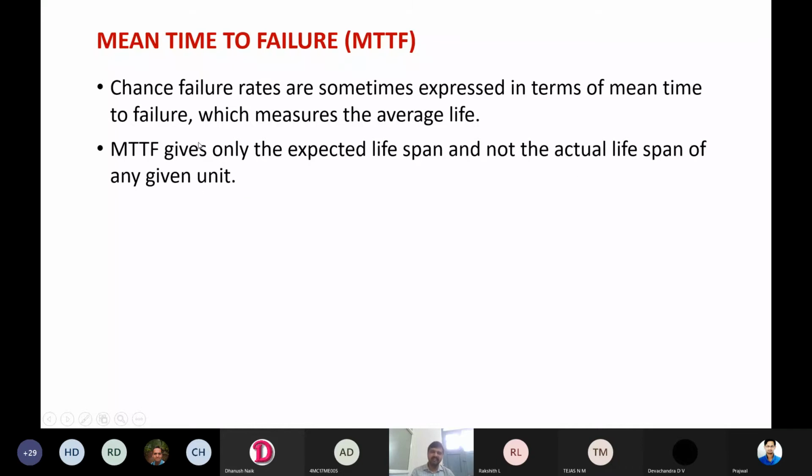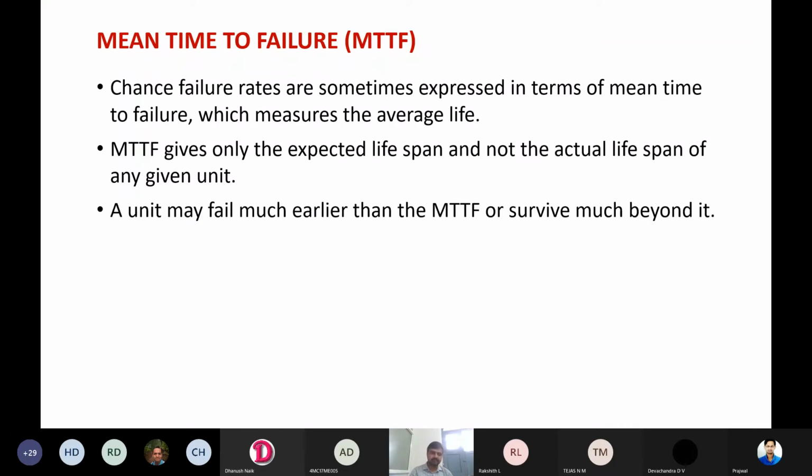The reason is, one bulb may work for 1 year, another bulb may work for 2 years, another electric bulb may work for 1.5 years. We don't get the actual life, but we can predict on an average what the expected life may be. A unit may fail much earlier than the mean time to failure or survive much beyond it. It is applicable only to non-repairable items.